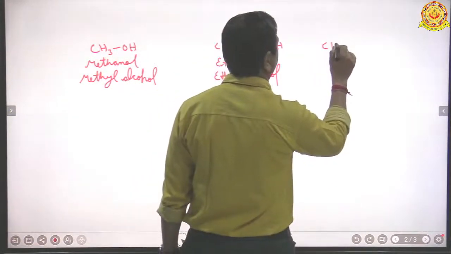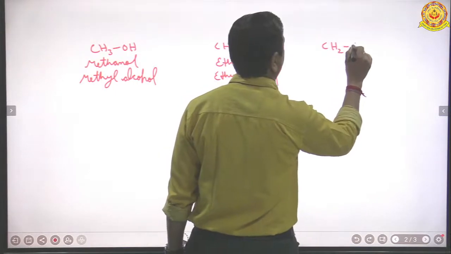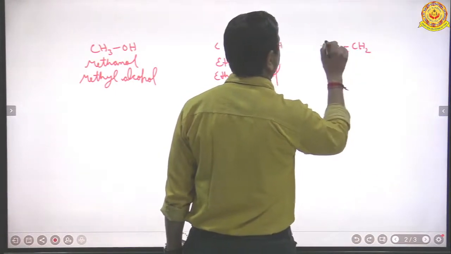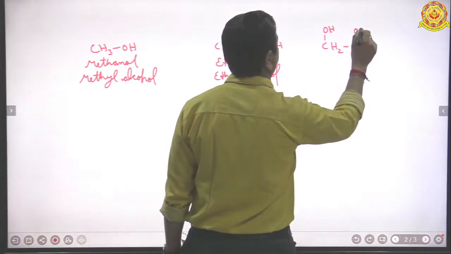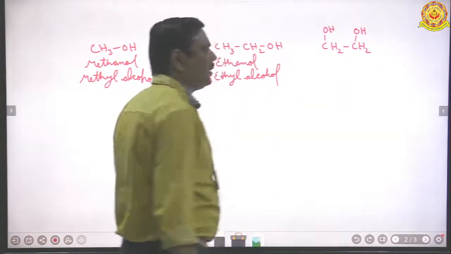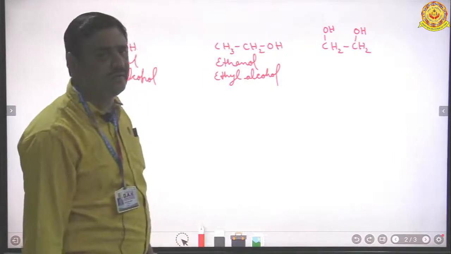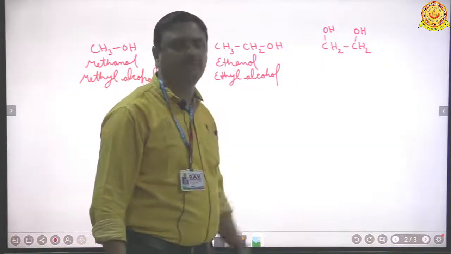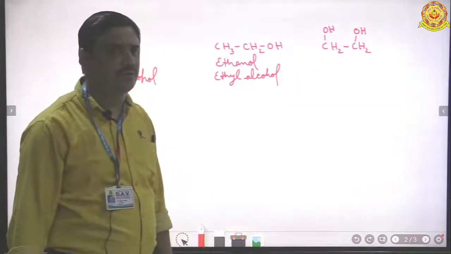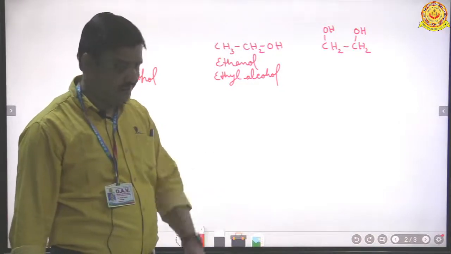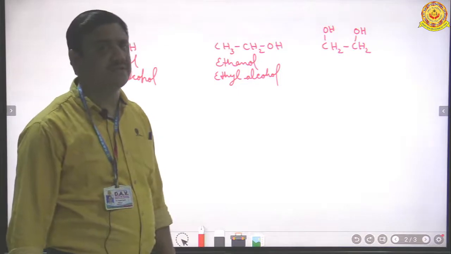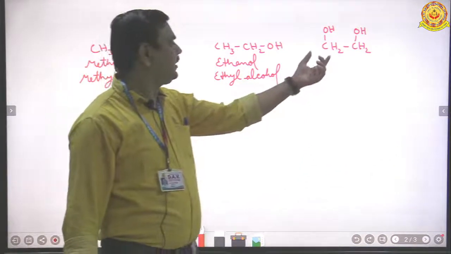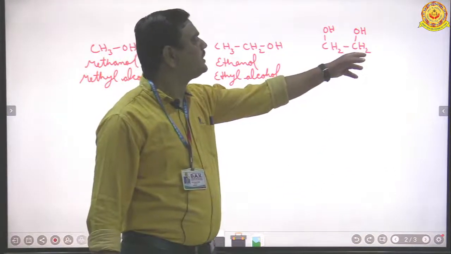If two hydroxyl groups are attached, always remember that two hydroxyl groups cannot be present on the same carbon, because hydroxyl groups are highly electronegative. They will repel each other and the molecule will become unstable. That's why hydroxyl groups cannot be attached to the same carbon.